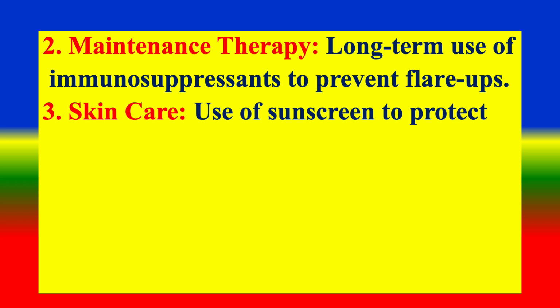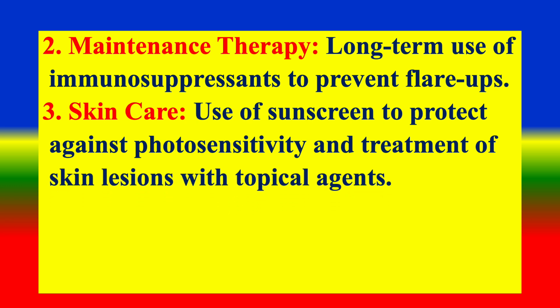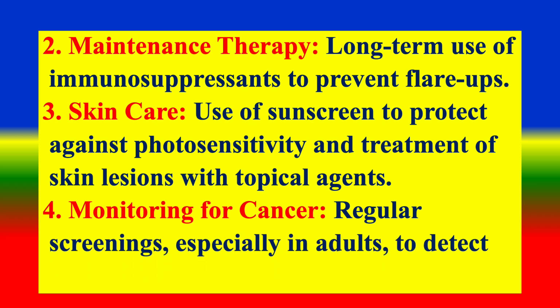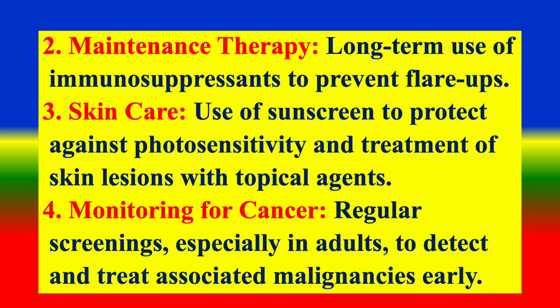Skin care, use of sunscreen to protect against photosensitivity and treatment of skin lesions with topical agents. 4. Monitoring for cancer, regular screening, especially in adults, to detect and treat associated malignancies early.